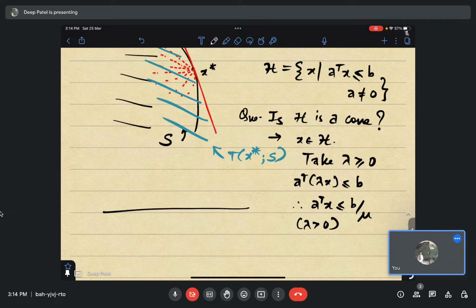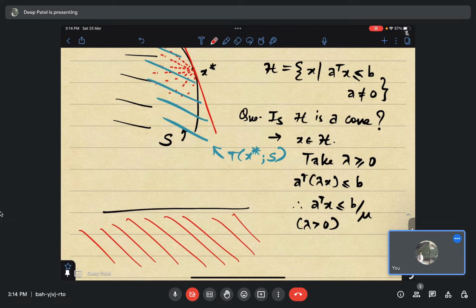Let's just take this line, somewhere sitting in the space. Let's say you're looking at this point. Sorry, this is the half space.